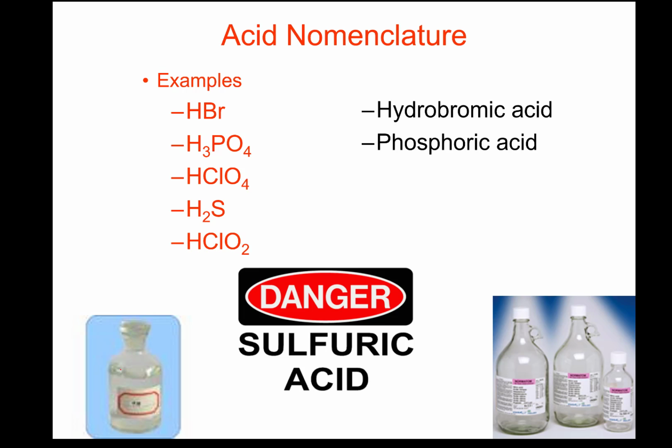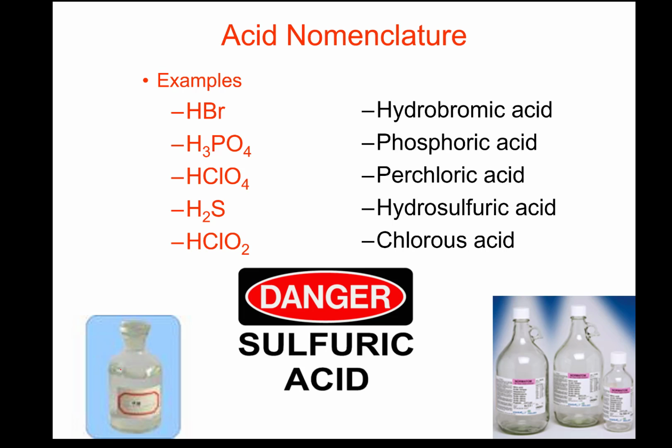HClO4, ClO4 is the perchlorate polyatomic ion, so it ends in ate, and we change it to perchloric acid. H2S is binary, so we say hydrosulfuric acid. HClO2 has the chlorite polyatomic ion, so it ends in ite. We change that to OUS acid, so it's chlorous acid.